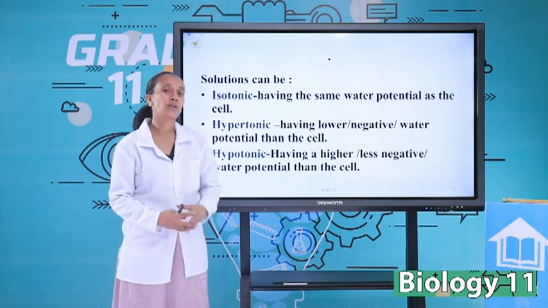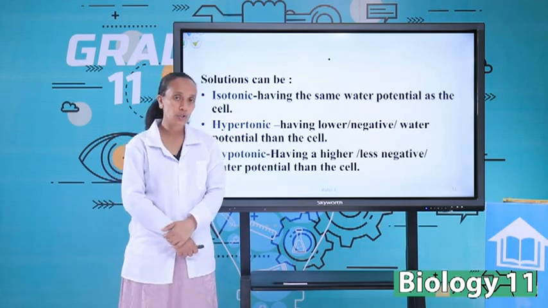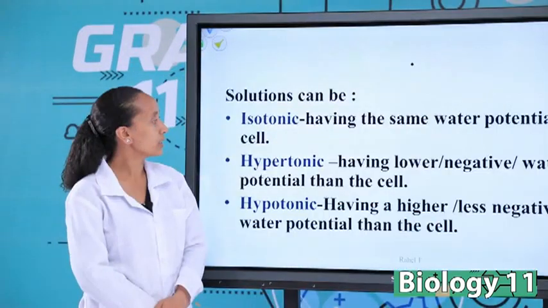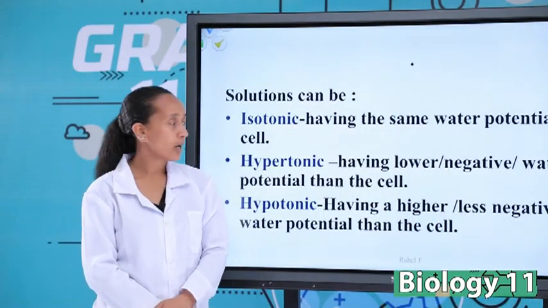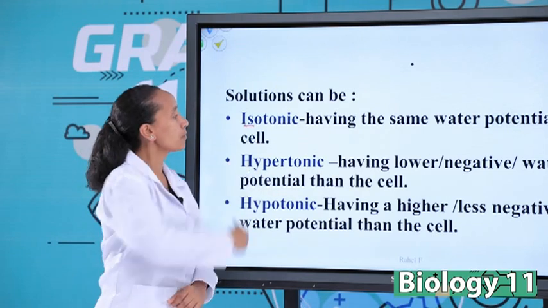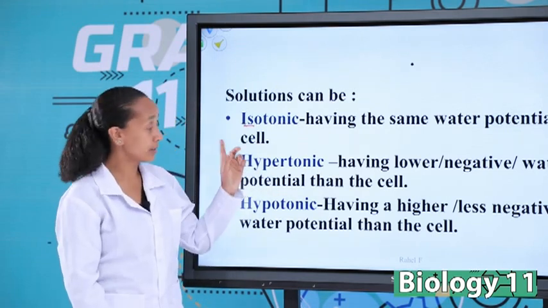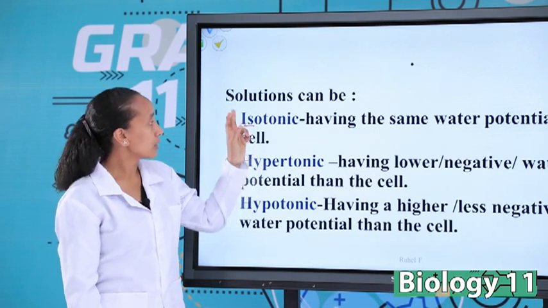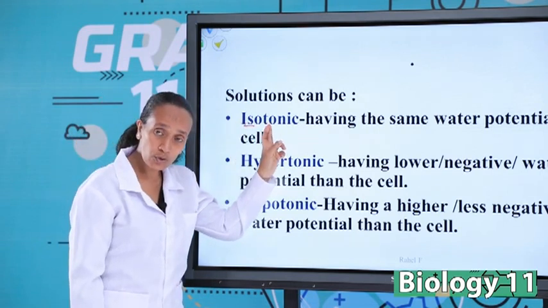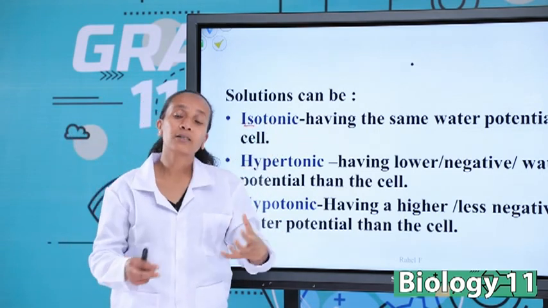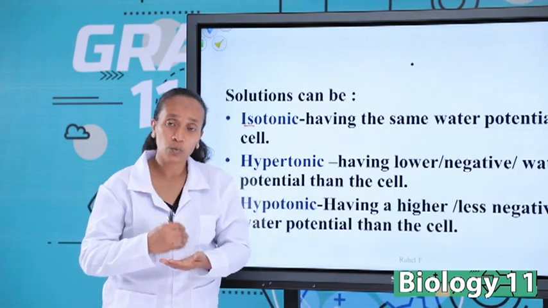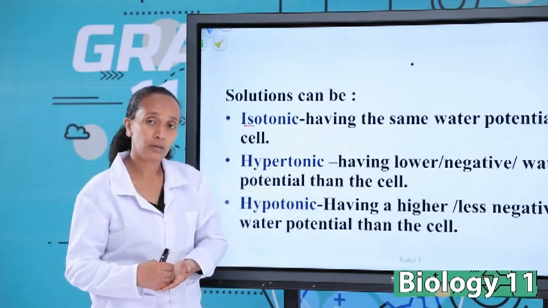Based on this, we have three types of solution. The first is isotonic solution. Iso means the same, so an isotonic solution has the same water potential as the cell.